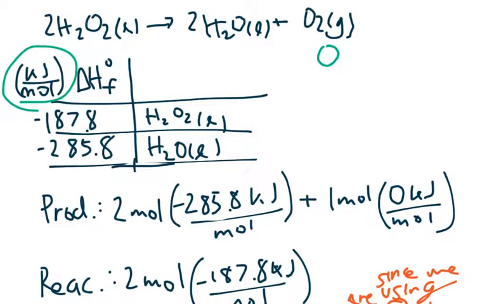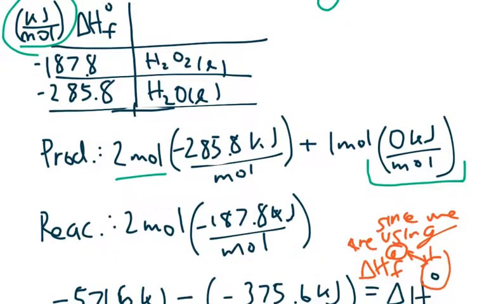Well, in our product side, we have 2 moles of H2O, and 1 mole of H2O has a ΔHf of negative 285.8. So we multiply these two together to get the enthalpy change, or the heat change, associated with 2 moles of H2O. And we know that we have 1 mole of O2, and since the ΔHf of O2 is 0, that doesn't really matter since 1 times 0 is 0.